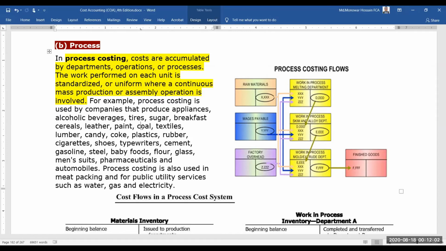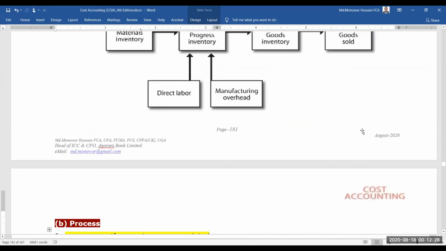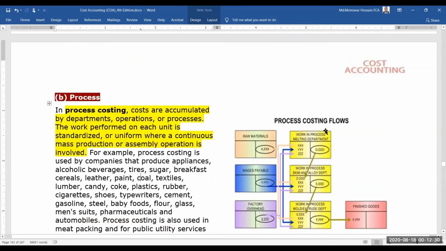The work performed on each unit is standardized or uniform, where a continuous mass production or assembly operation is involved. So look, here is the process costing. This material, labor, and overhead go to the work in progress, and here finished goods is one item, but the job is separate.